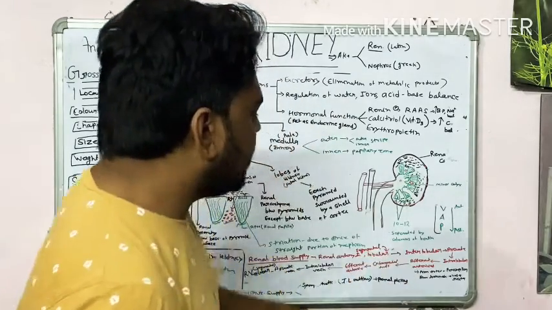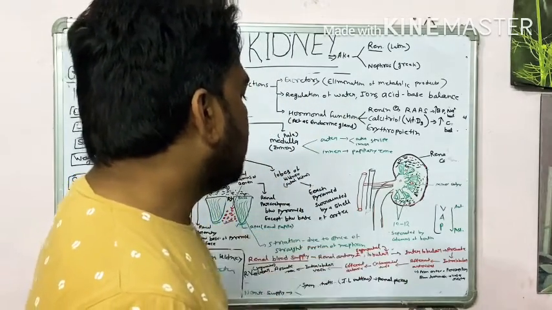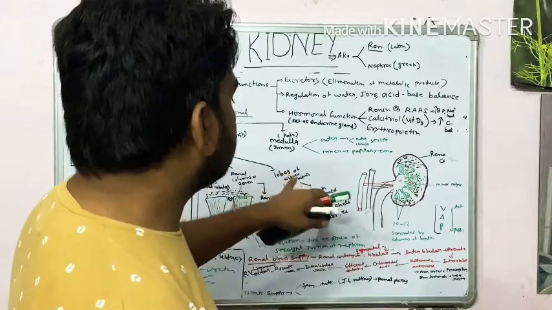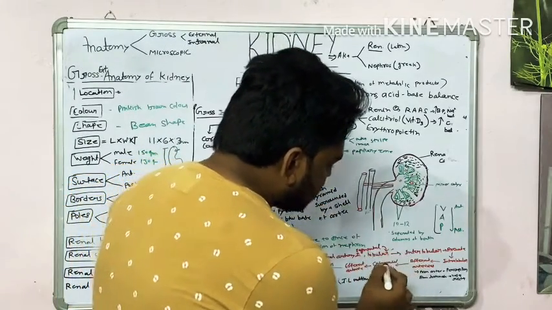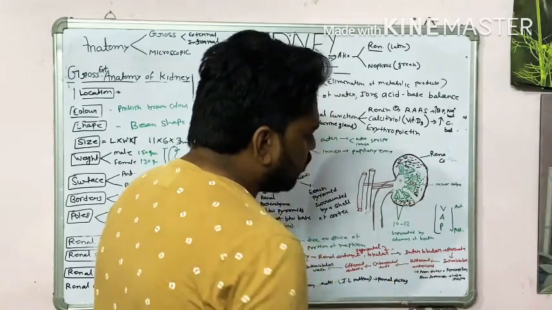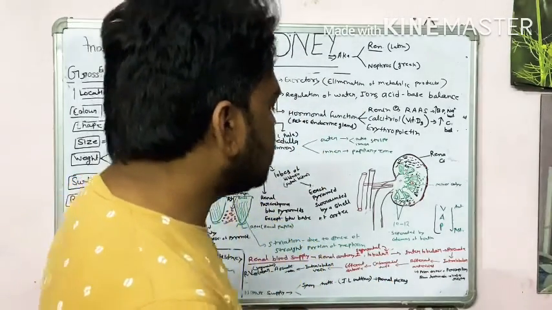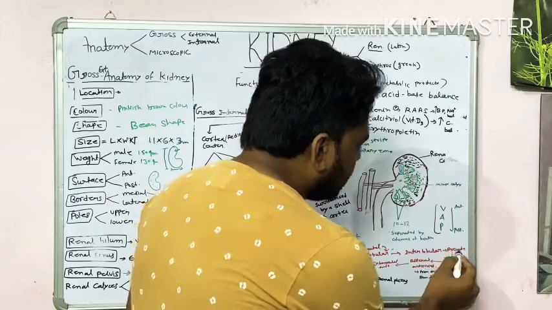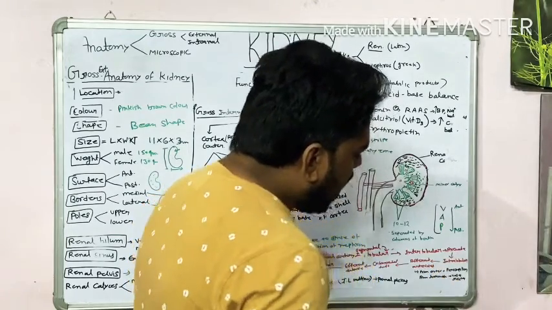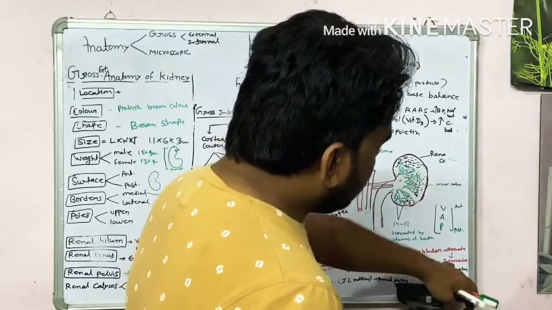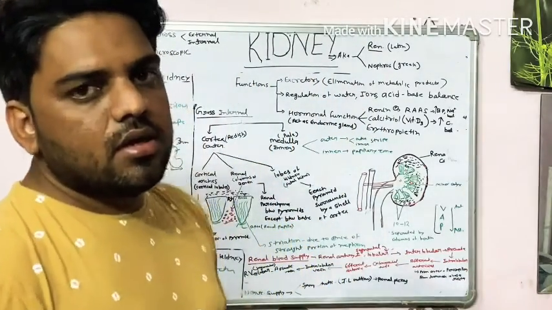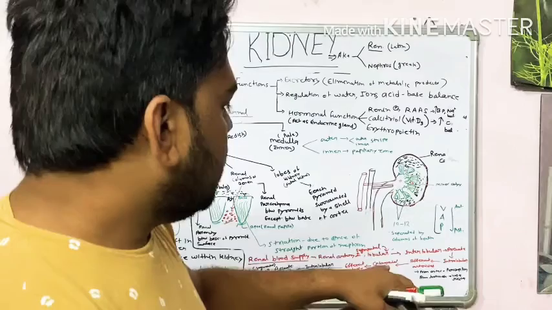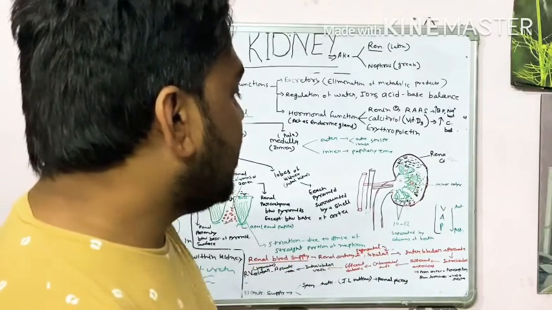Then the segmental artery divides into lobar arteries, lobes of the kidney. This lobar artery divides into interlobar artery. This then divides into arcuate artery, then interlobular artery. The interlobular artery is again divided into afferent arterioles.